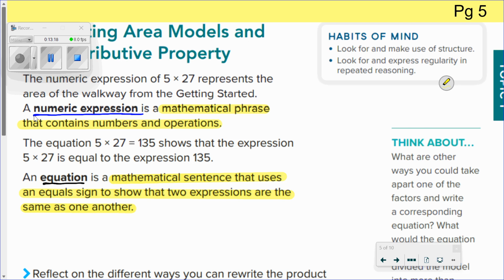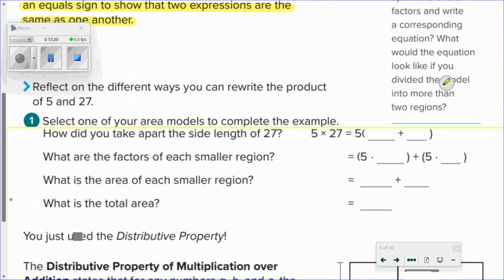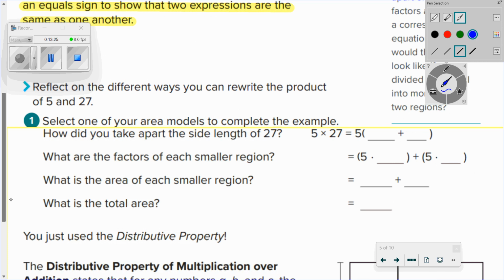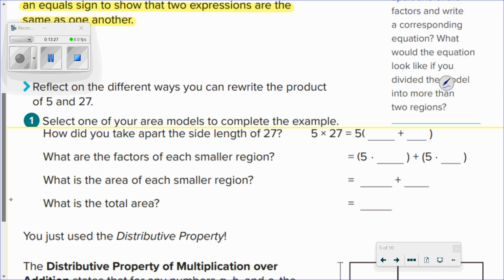So let's look at our next part here. Reflect on the different ways you can rewrite the product of 5 and 27. We did a few of them back on the other page. Select one of your area models to complete the example. So how did we take apart the side length of 27? We said 27 was what? We broke it into 2 parts. What parts did we break it into? 20 and 7.